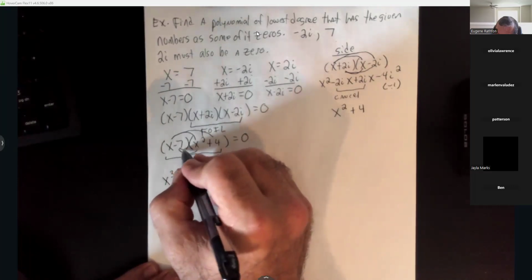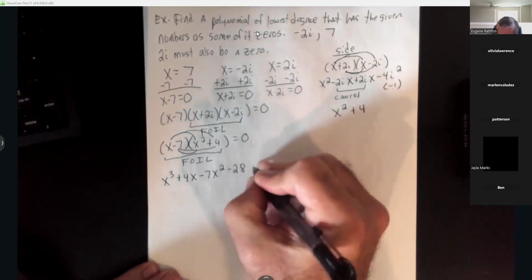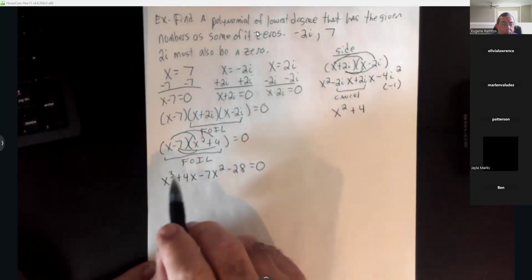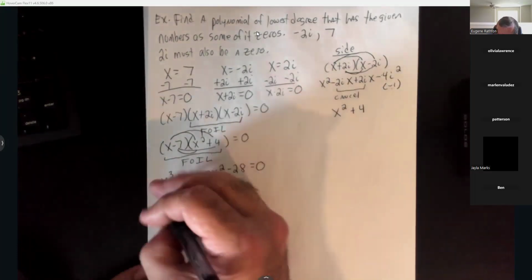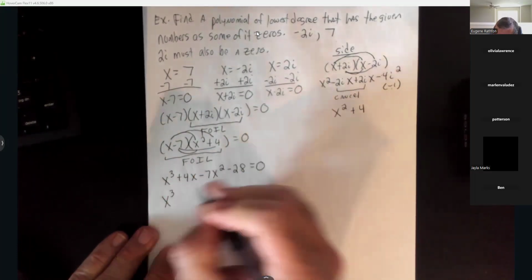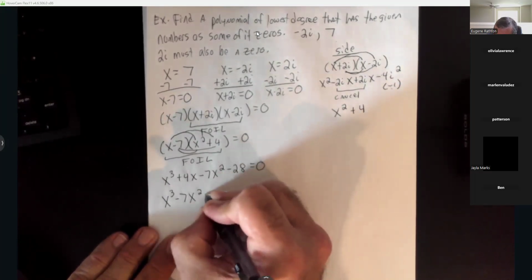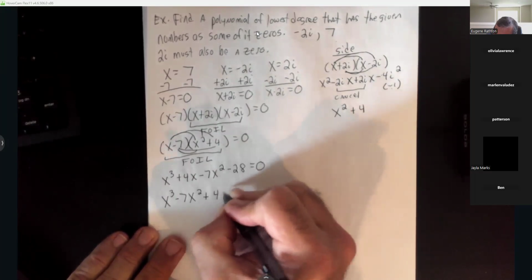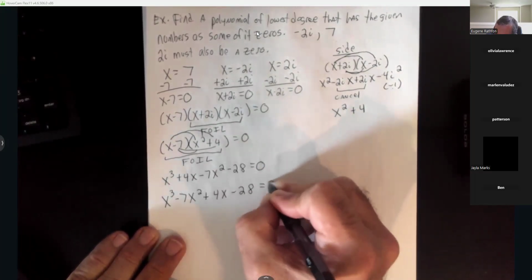Negative 7 times 4 is a negative 28. And you'll notice the only thing I can do with this is rearrange it. So I get x to the third minus 7x squared plus my 4x minus my 28.